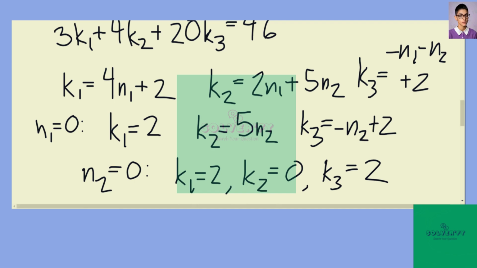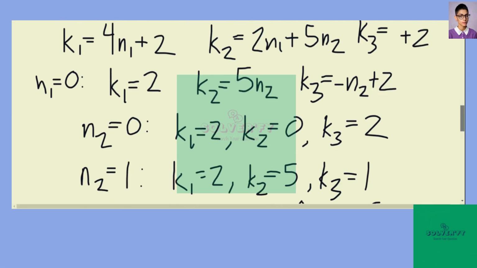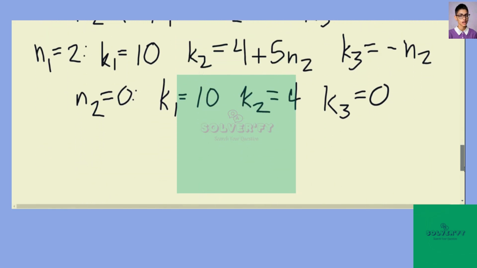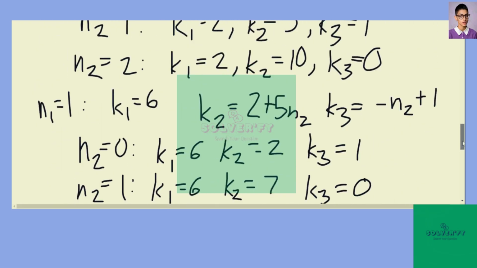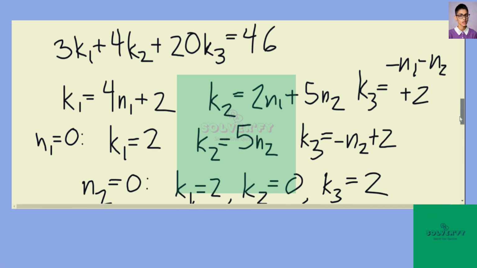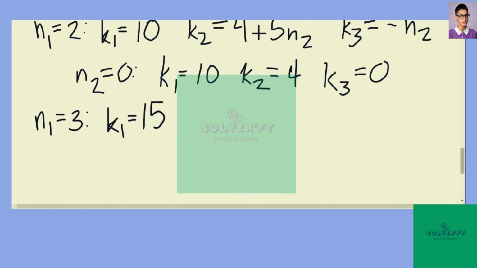Let's try another one. Suppose n1 is equal to 3, then we have that k1 is going to be equal to 14.